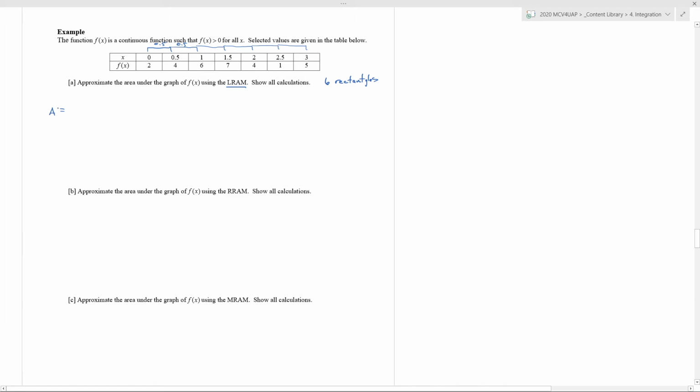So for the first one, it's going to be 2 plus 4 plus 6 plus 7 plus 4 plus 1. So that's 1/2 times 24, I believe, which is 12.